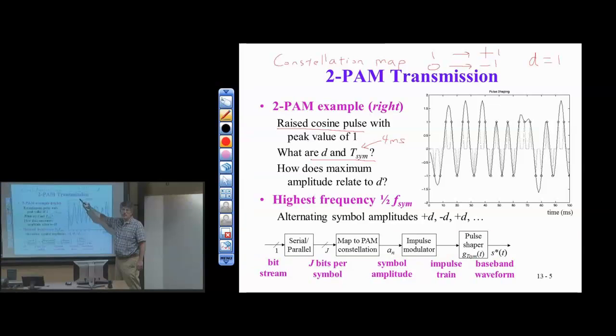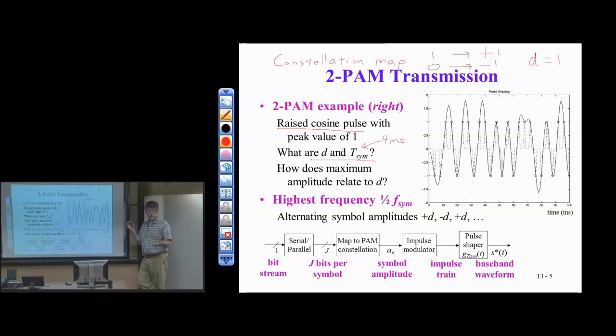So what you can do is simulate: run a whole string of ones without scrambling, see what the peak is, and put in a whole string of minus ones, or bits of value 0 to get -1 amplitudes, to see what the valley goes down to. You have to know what the voltage range is, because that's going to determine the rest of your design later. All the analog circuitry that follows has to handle a more or less linear response over that range of voltage values.